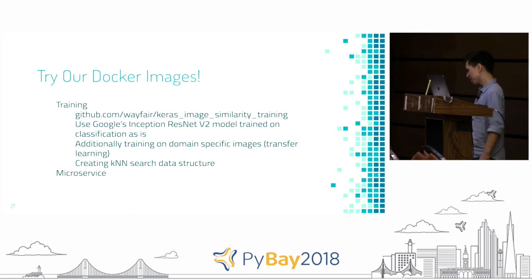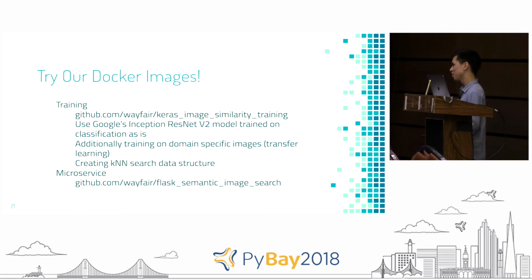And then for the microservice, this is the Git repo for it. Once you have the saved model file and that KNN pickle, you just have to drag them over to this repo into some directories. And because it's all Dockerized, you just do docker compose up, and then you'll have a running visual search engine, which you can play around with and see if this is something that's valuable for you.